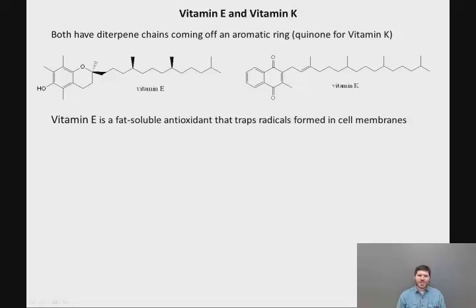Okay, so the biological function of vitamin E is that it is a fat-soluble lipid antioxidant that traps radicals that are formed in cell membranes. We already saw in our prostaglandin synthesis that radicals are a natural part of biological processes. But the problem, and we'll talk about this a little bit also in a later unit, is that an excess of radicals in your body can cause all kinds of problems.